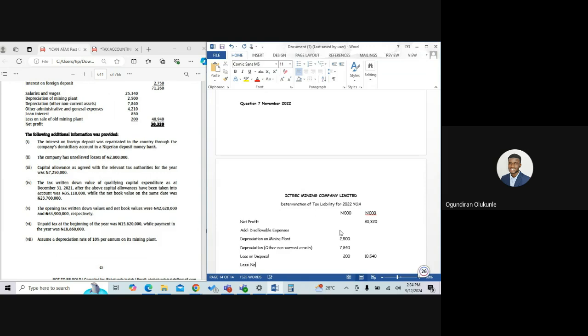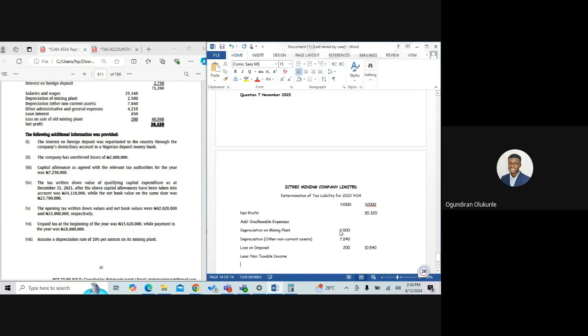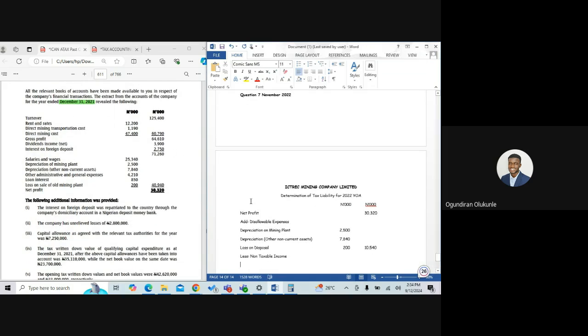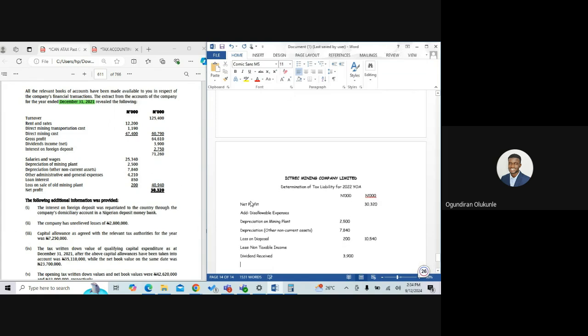Less non-taxable income. So what are the non-taxable income that we have? We have dividend received. You know, dividend received is a franked investment income, right? How much is dividend received? 3,900.